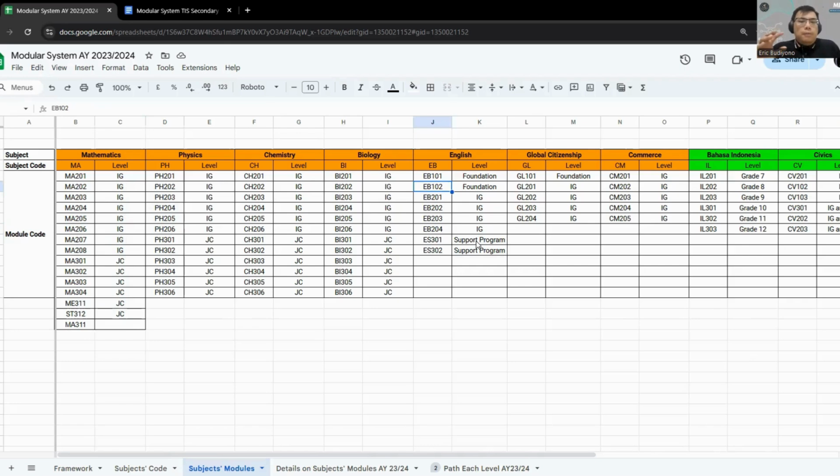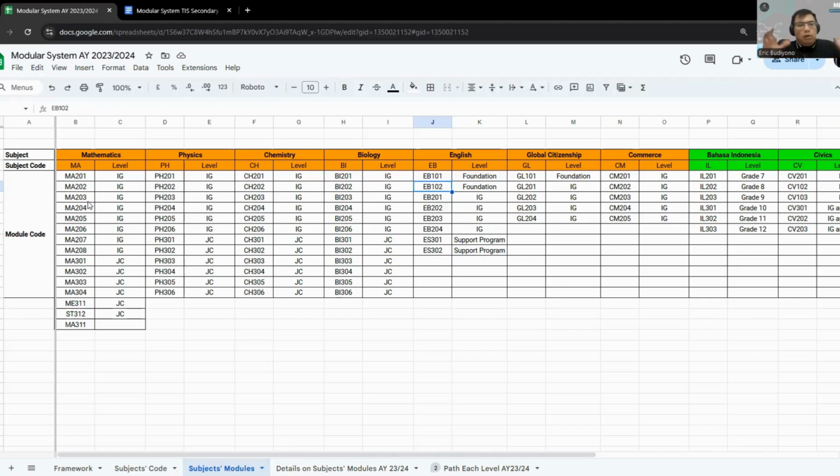As you can see here as well, the lower the code, so MA 201, 202, 203, 204, the easier the material. So let's say, for example, I'm a student who doesn't feel too confident about my ability in mathematics.